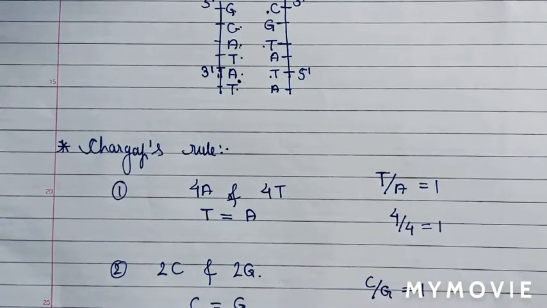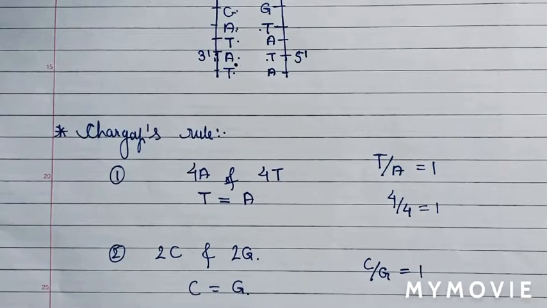But this rule of Chargaff for the DNA model is applicable only for dsDNA, meaning double-stranded DNA. It is not applicable for single-stranded DNA.